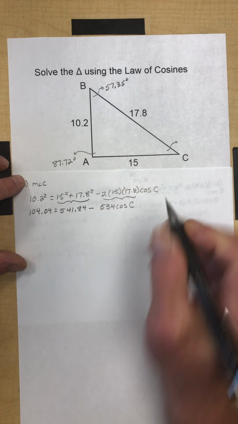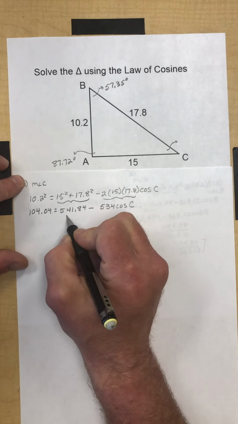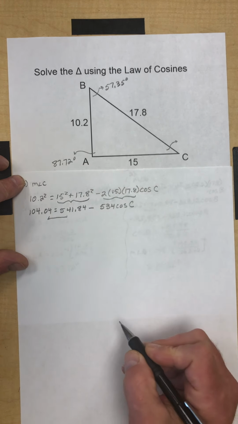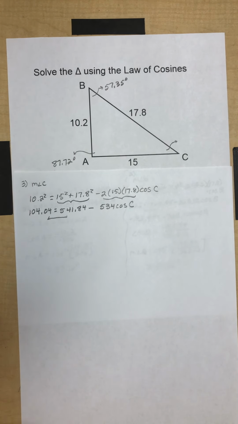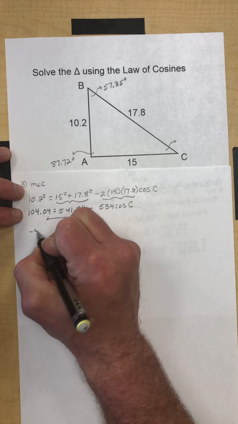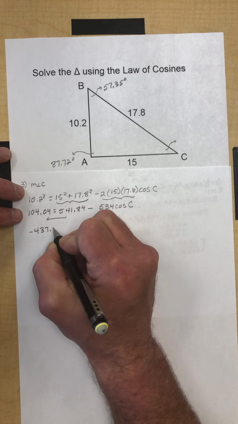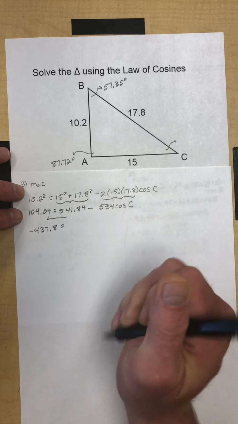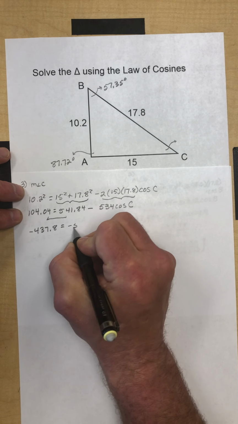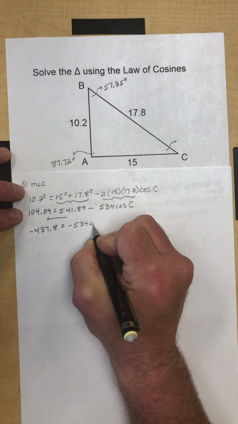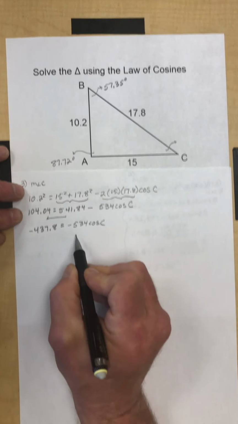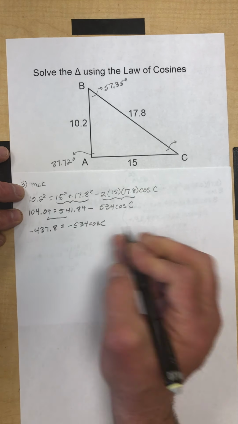Cosine of angle C. Okay, so let's see. We got to subtract this from both sides, so that's going to give me a negative. Okay, so I got 104.04 minus 541.84. I'm getting negative 437.8 equals, don't forget the negative sign, negative 534 cosine of C. Okay, so now I have to divide both sides by negative 534.